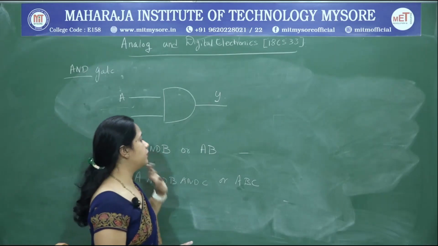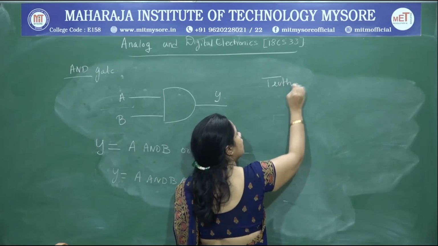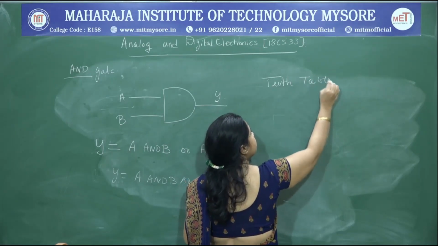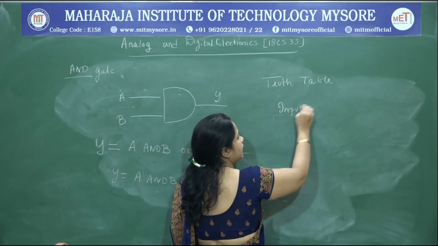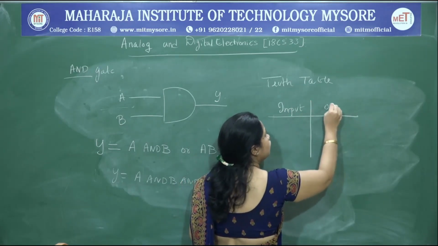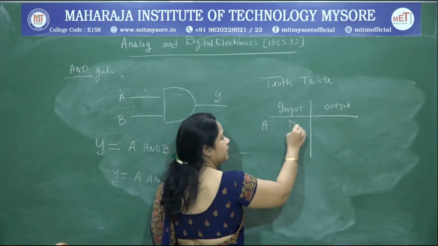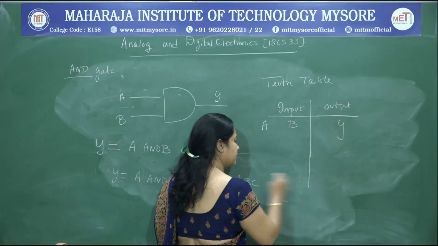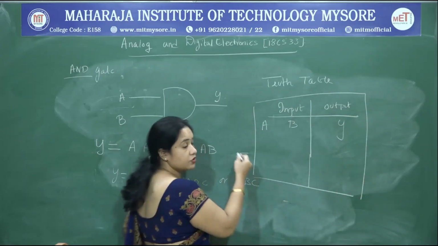So for our 2 input AND gate, again I will write the truth table. Just to recall, a truth table is a table which gives the output for all possible values of inputs. So I will write input here and output here. The inputs are A and B, output is Y, and I need to write all possible values of inputs.